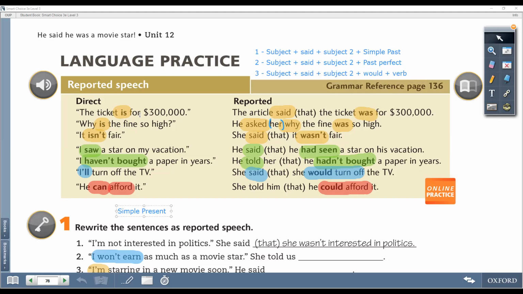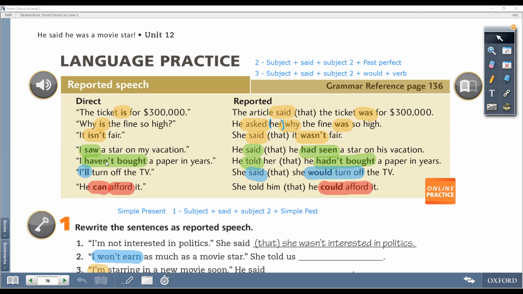The ticket is, why is, it isn't. So how do we report? This is how we report, okay? We use the subject, then a reporting verb, then the subject again, and then the simple past. This is situation number 1, okay? Good.